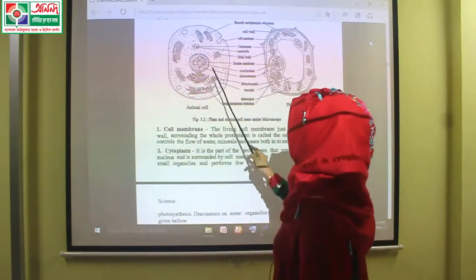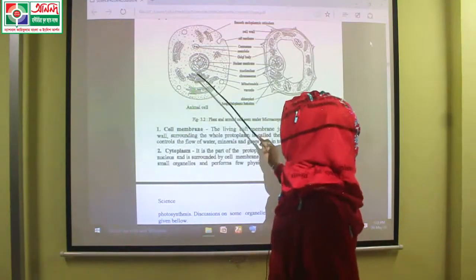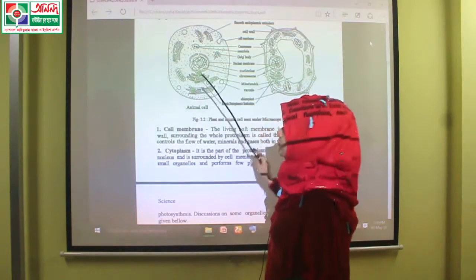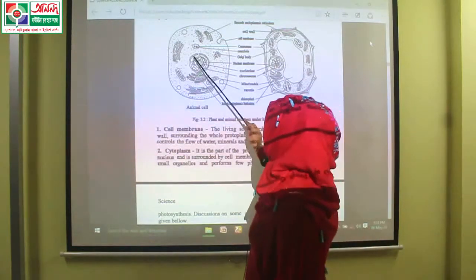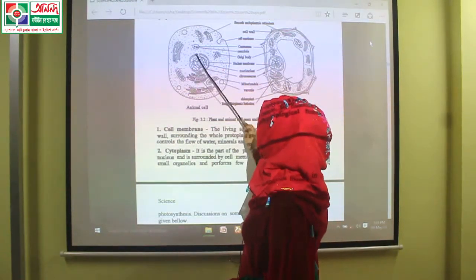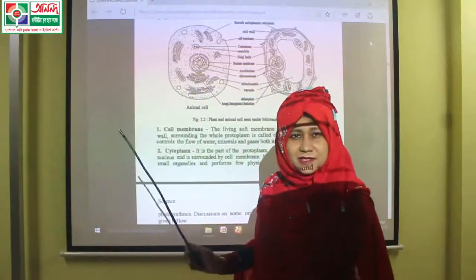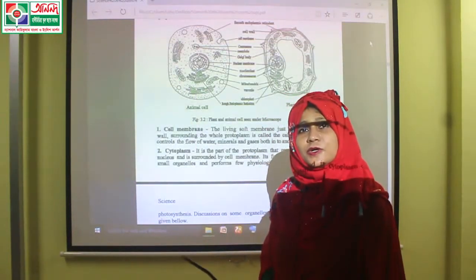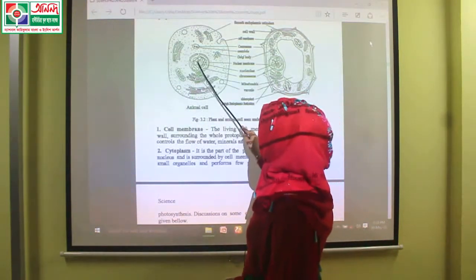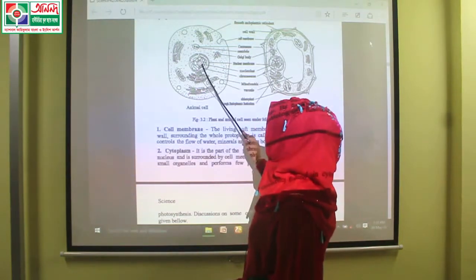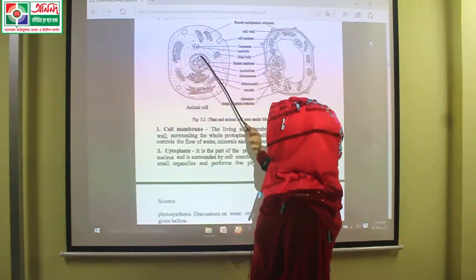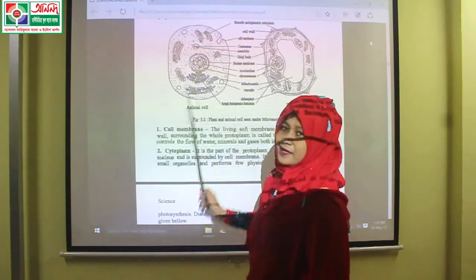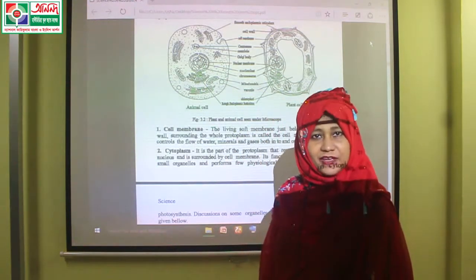And then it has pores. The outer envelope is known as the nuclear membrane, and the internal space is known as nucleoplasm. This one, round and dark, is the nucleolus, and the thread-like portion is known as chromatin fiber.